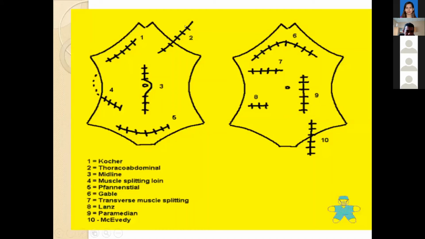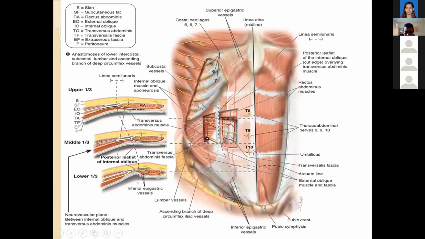Sometimes, as you saw just now, number 2 is the thoracoabdominal incision. When we do a thoracoabdominal incision, you should be careful with the intercostal neurovascular bundle between the ribs, because it can be very difficult to control the artery if you incidentally cut it without ligating earlier, since it retracts below.